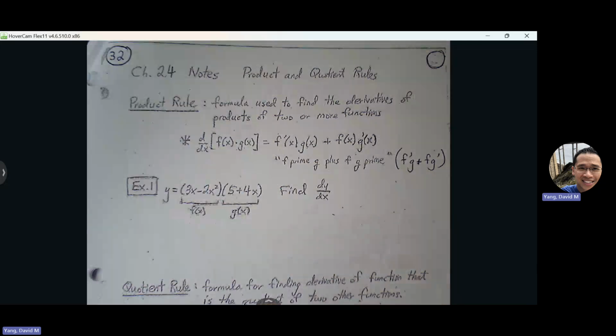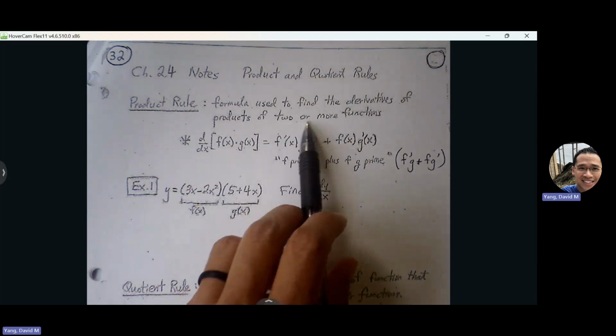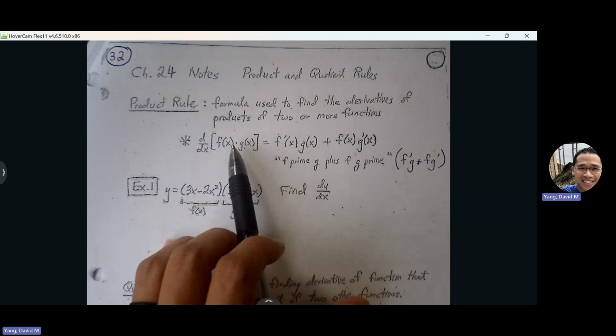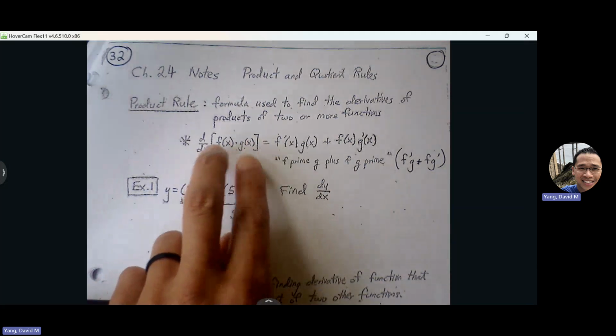Now, if the function was f of x plus g of x, then we can find them independently and there's no issue. It's just f prime plus g prime. But if I have 2 terms being multiplied, I have to go through this rule here. So the rule is they're basically taking turns being the derivative.